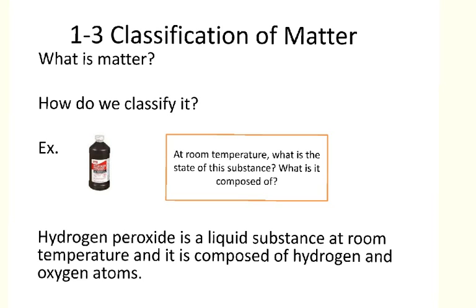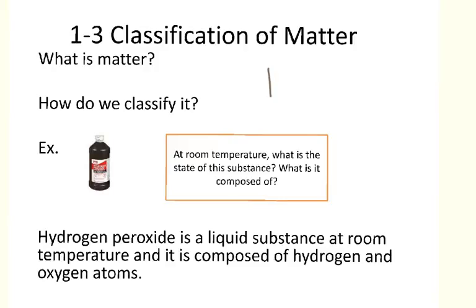Okay, so we classify matter by its state and also by its composition. So matter is essentially anything that has mass and takes up space. So pretty much everything around you except for light. And just to illustrate how we classify matter, in class we talked about hydrogen peroxide.